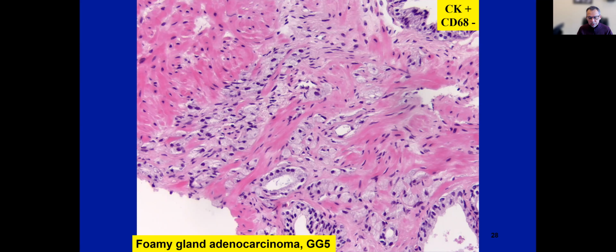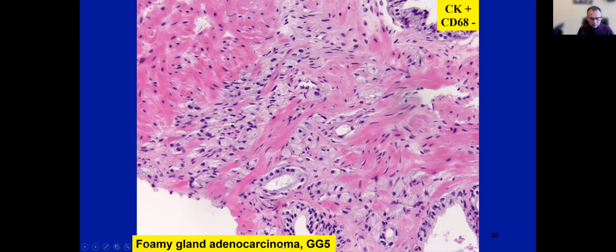In that type of situation, it can mimic xanthoma cells. So when you deal with this type of situation, keep in mind that you could be dealing with a poorly differentiated foamy gland carcinoma or alternatively xanthoma type of cells. And it is very important that you do CD68 and cytokeratin in your differential to make sure that you are not missing an important process.